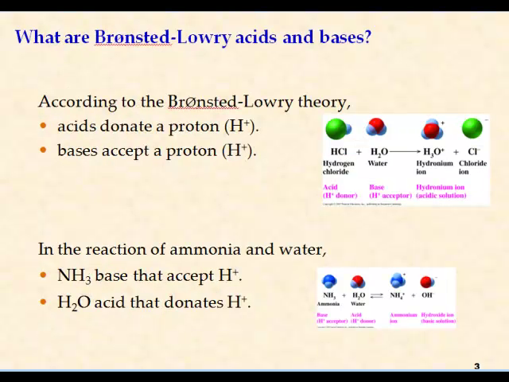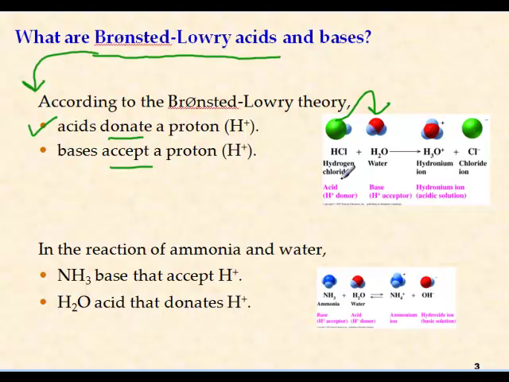Now let's look at the new concept, which is called the Bronsted-Lowry theory. This is the more recent definition of an acid and a base. The Bronsted-Lowry theory changes the word produce to the terms donate and accept. So acids are substances that donate a proton, which means they can release hydrogen to another compound.